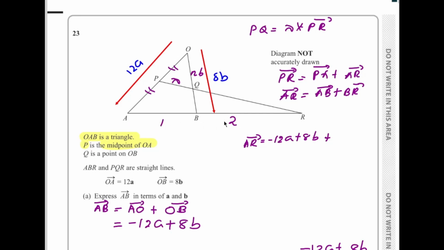So BR equals 2 times AB. Therefore, I'm multiplying 2 times minus 12a plus 8b. Now let's simplify this: minus 12a plus 8b minus 24a plus 16b. So minus 12a minus 24a is minus 36a, and 8b plus 16b is 24b.